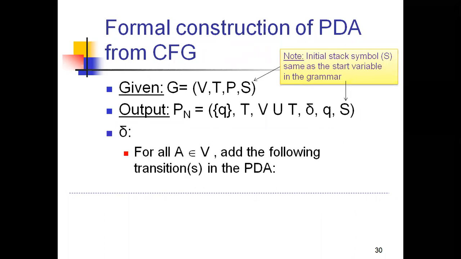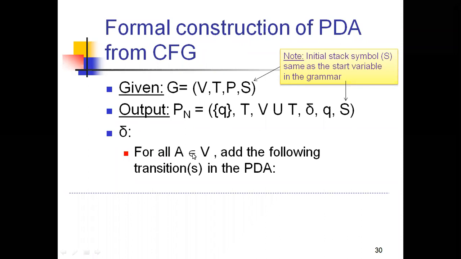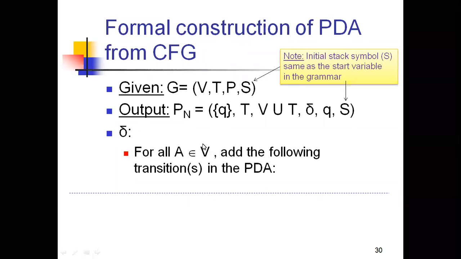And delta, how to do the transition mapping function here: for all the variables A belonging to V, that means A is some variable in the given grammar, and that should belong to V. V is the set of variables, you can also call them non-terminals, and you need to add the following transitions in the PDA.